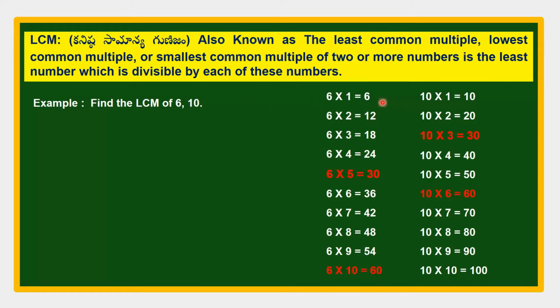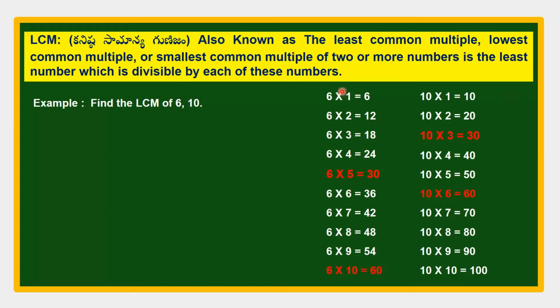Here I mentioned multiples of both 6 and 10. Multiples of 6 are 6, 12, 18, 24, 30, 36, 42, 48, 54, 60.